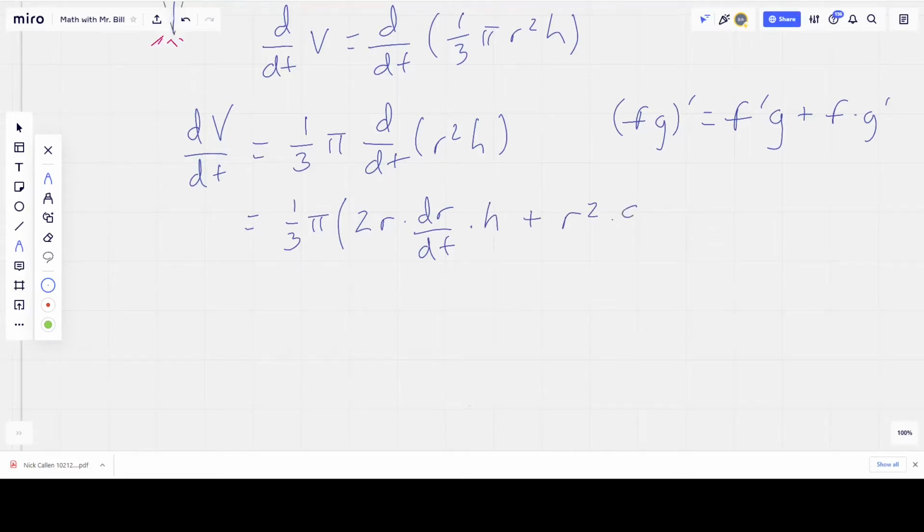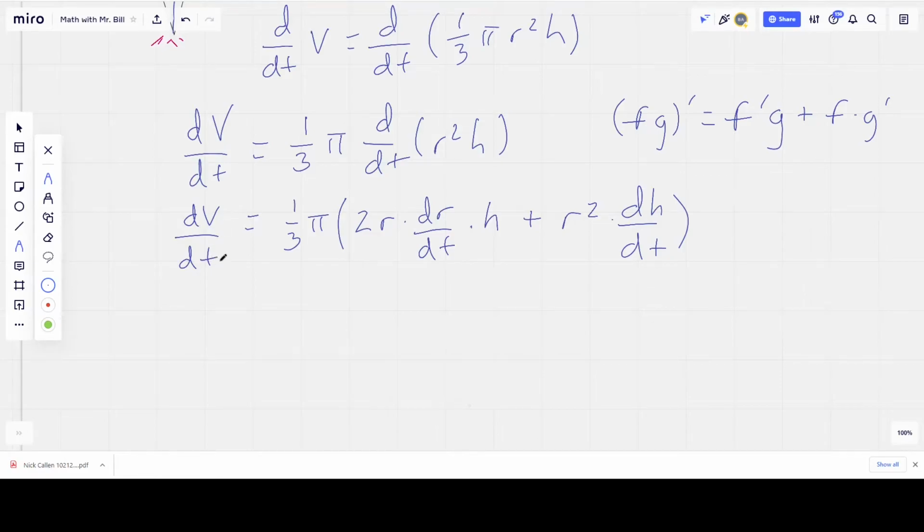So that's just the derivative of the height with respect to time. Nothing cancels, nothing goes to 1 or anything like that, because we're not taking the derivative with respect to h or with respect to r, we're taking it with respect to t. So let's take a look now at what we're trying to find.